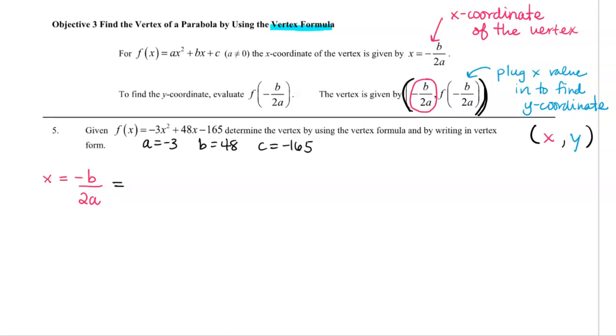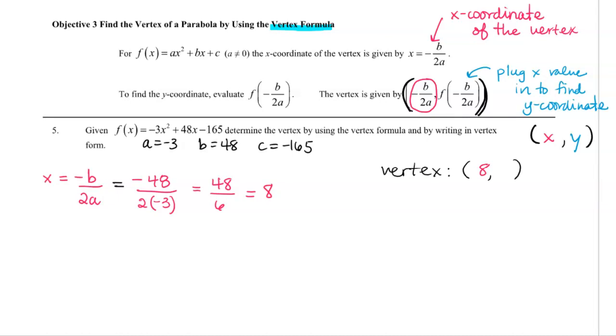So negative b is going to give us -48 divided by 2 times a, which is 2 times -3. Be careful with your signs here because we do have two minus signs which will come together to give us a positive. This is essentially just 48 divided by 6, which is 8. So the x coordinate of our vertex is 8. So for the answer of our vertex, which is a point, the x coordinate of that point is 8.